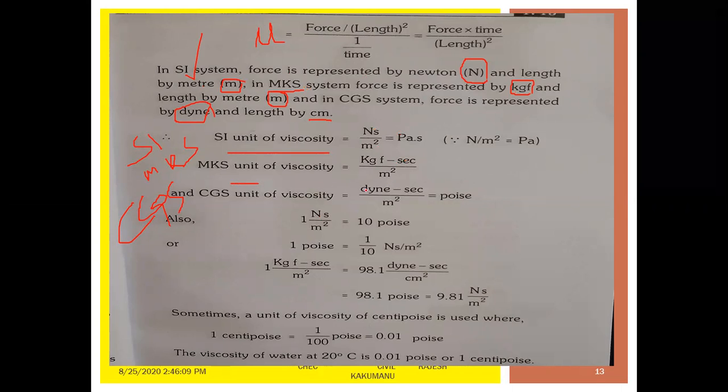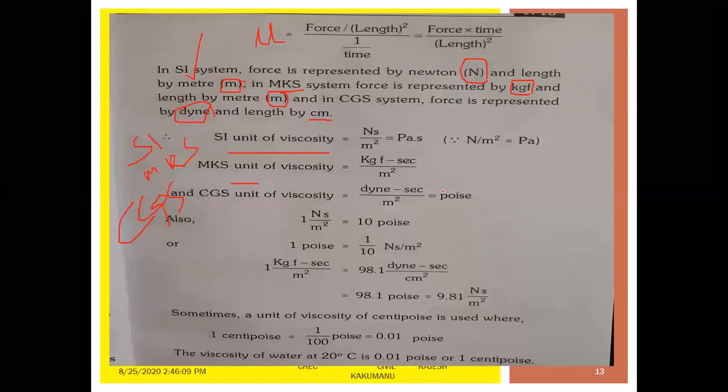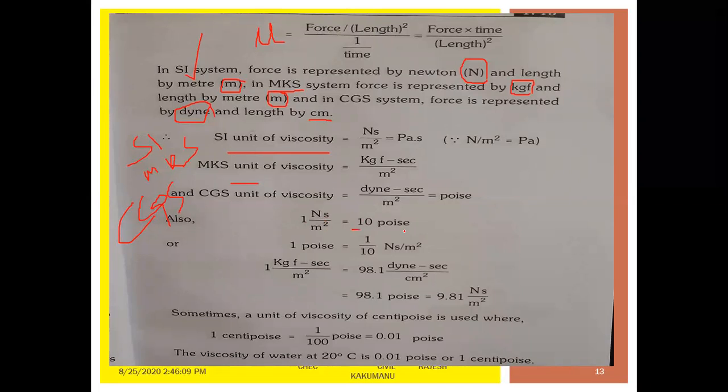In CGS, dyne second per centimeter square, that is equal to poise. So 1 Newton second by meter square is equal to 10 poise. 1 poise is equals to 1 by 10 Newton second by meter square, and 1 kgf per meter square is equals to 98.1 dyne per centimeter square, that is equals to 98.1 poise.